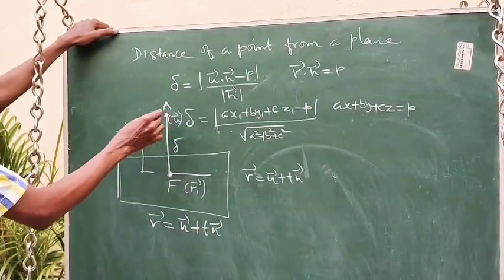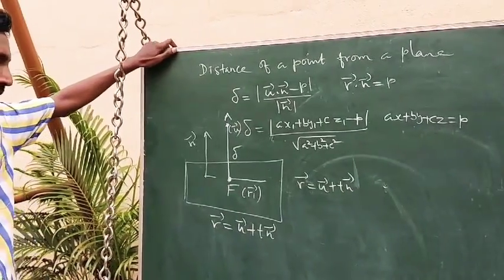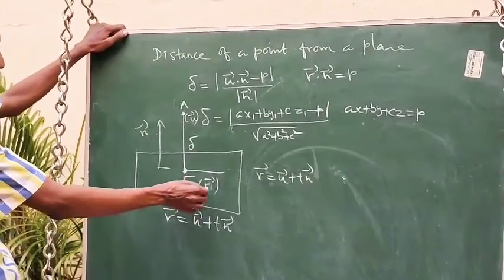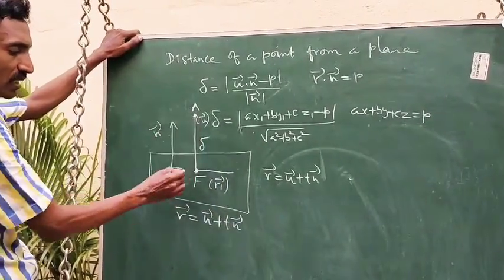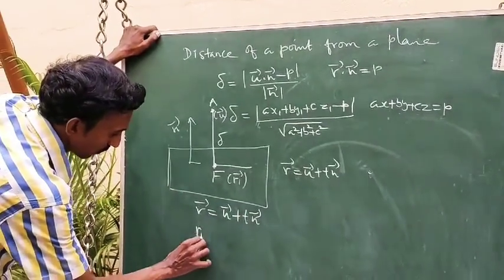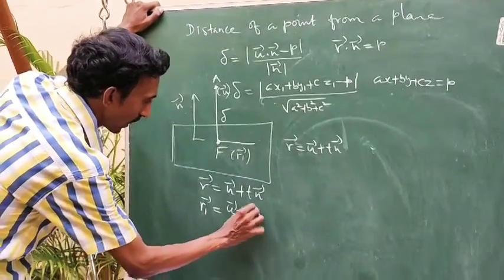It is a point and a parallel vector is given, so we are writing the equation of the straight line. F is also a point on the line. For some t, it satisfies the equation. Assume that t value is some t1. So the position vector of F is r1 vector equals u vector plus t1 n vector.